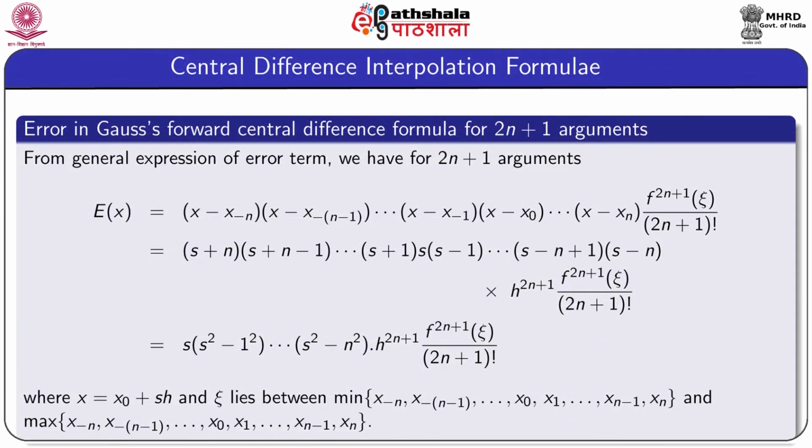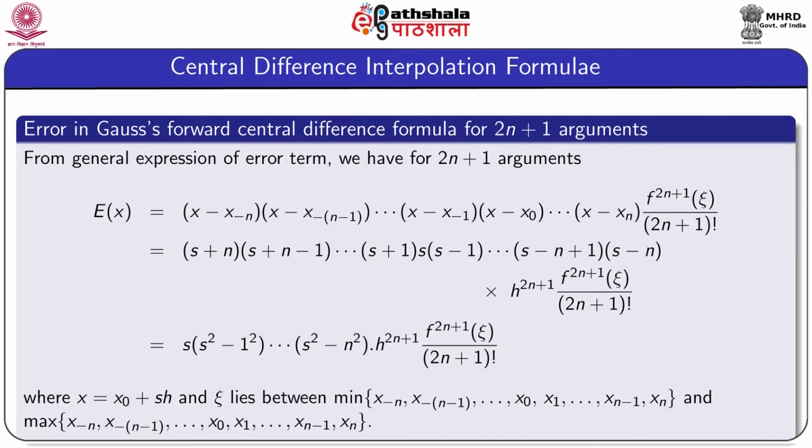Now, we present the error terms for Gauss forward central difference formula for twice n plus 1 arguments, and this error expression is obtained by the general error formula presented in module 1 of this chapter, and that one is (x minus x minus n) up to (x minus x n) into twice n plus 1 derivative of f at xi, whole divided by factorial twice n plus 1.